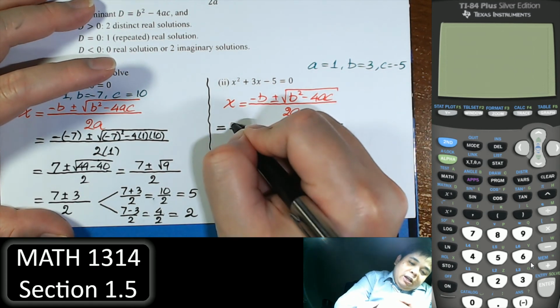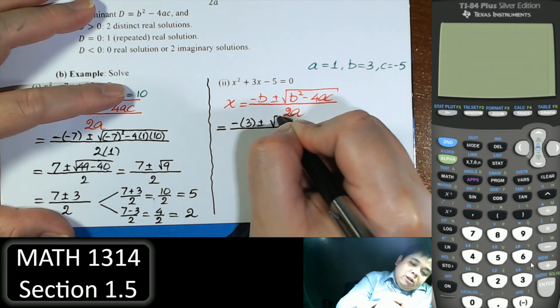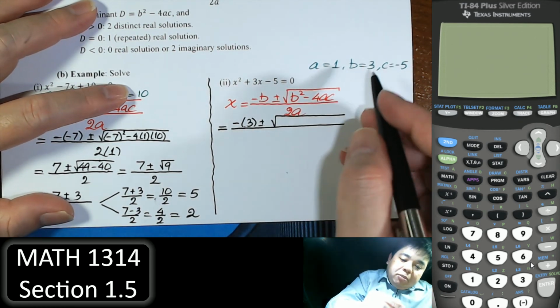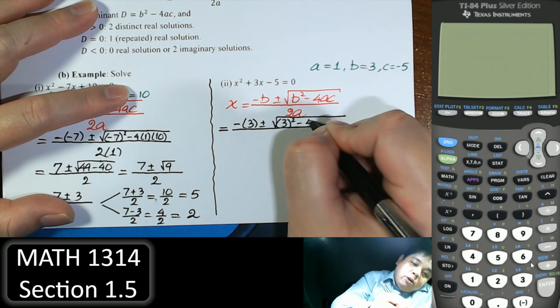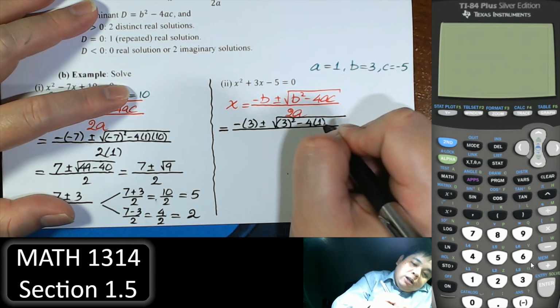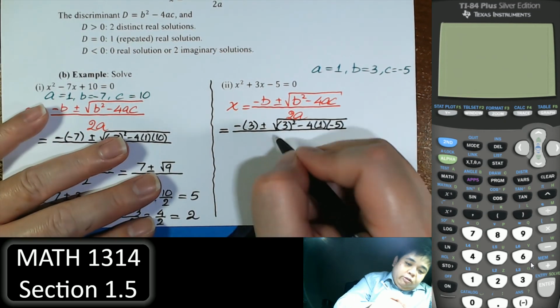Negative b, negative 3, plus or minus b squared minus 4, a is 1, c is negative 5, over 2 times a.